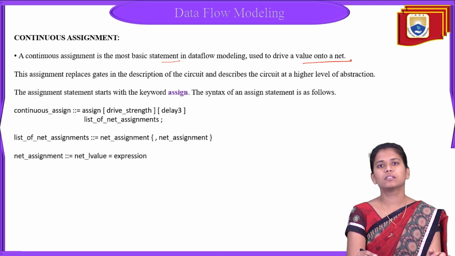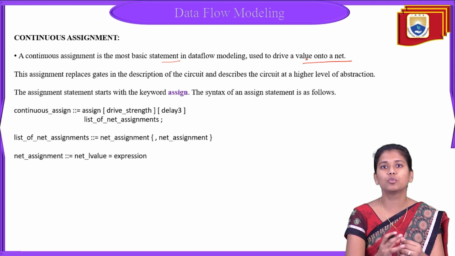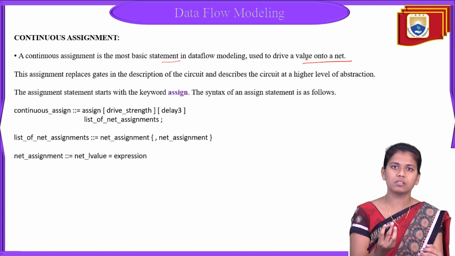In yesterday's presentation, we discussed what is a net, what is a block, what are the delays, and what are the scalar and vector components. So a net is a group of individual bits in the module.